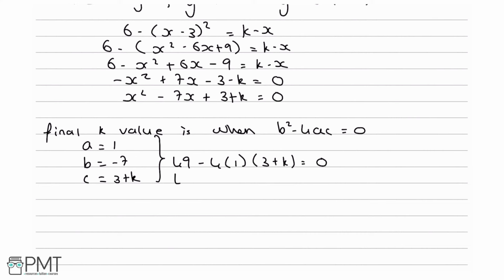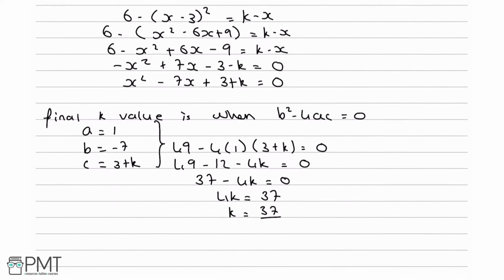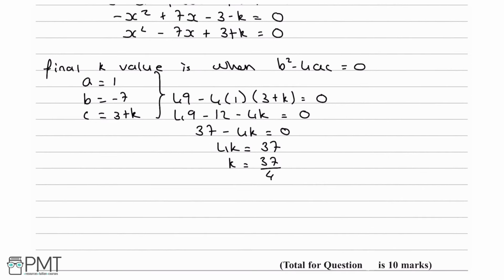So we say 49, and then minus 4 times 3 is minus 12, and then minus 4 times k is minus 4k, equals 0. 49 minus 12 is 37, so we have 37 minus 4k equals 0, and then we have 4k equals 37, so k equals 37 over 4. So what we found here is k equals 37 over 4. This is when the line becomes a tangent to the curve.